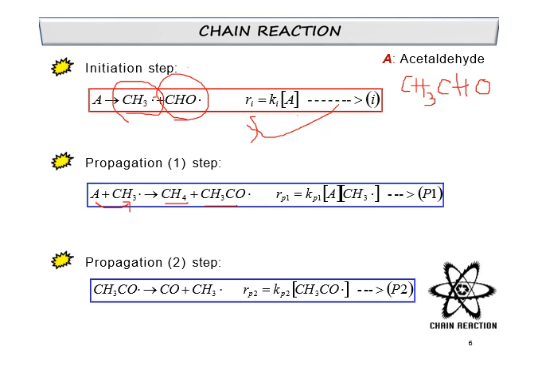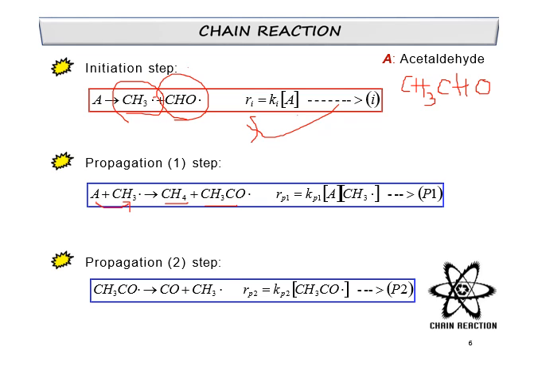So this is the rate law. The rate law with respect to, in this case the reactants are acetaldehyde and CH3 dot. So this is the rate law for propagation step 1.